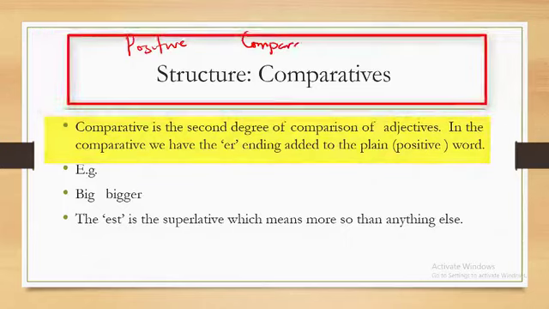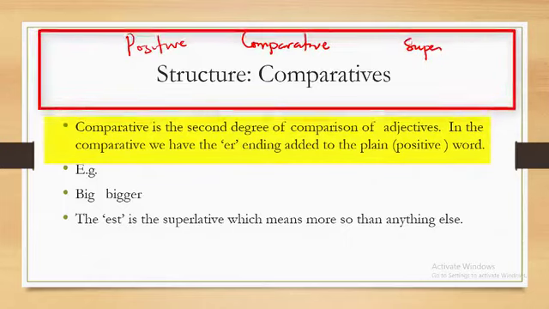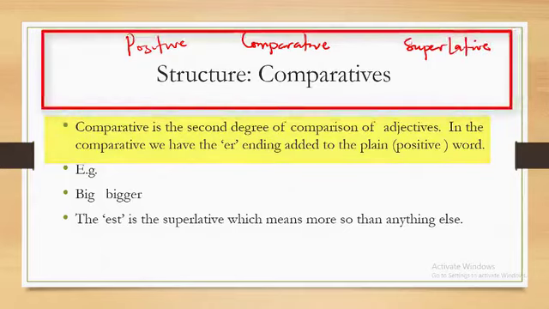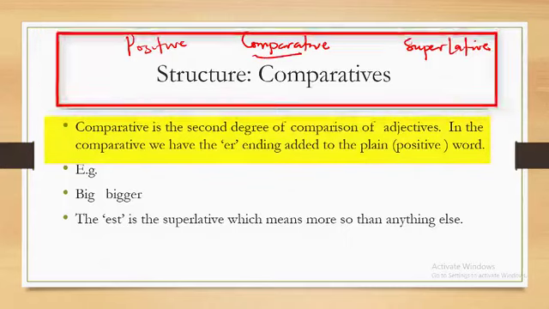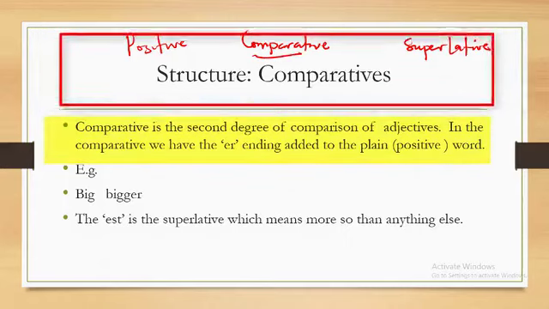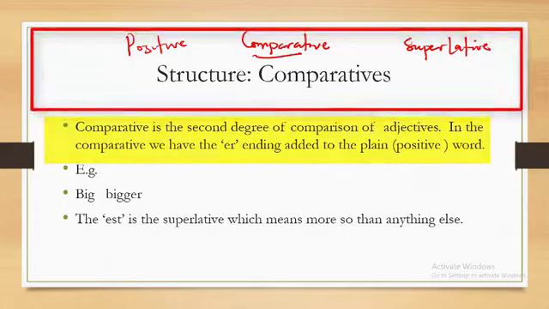And then lastly, we have what is called the superlative degree. So comparative is the second degree of comparison. In forming comparatives, we just add ER to the positive degree.